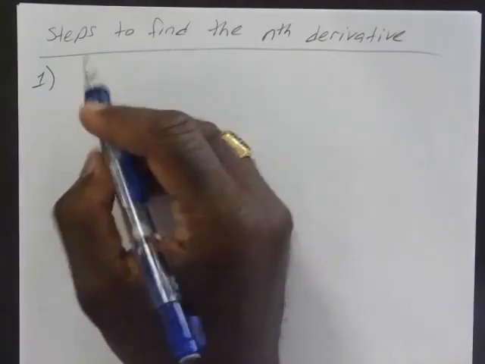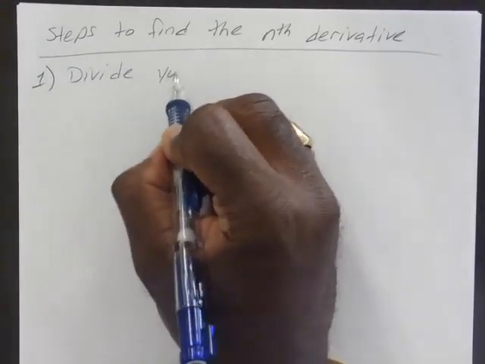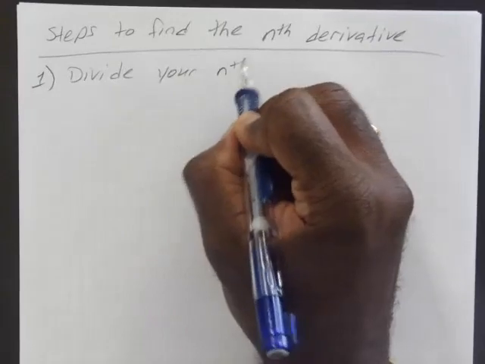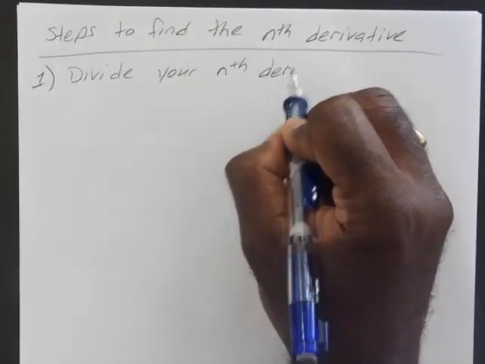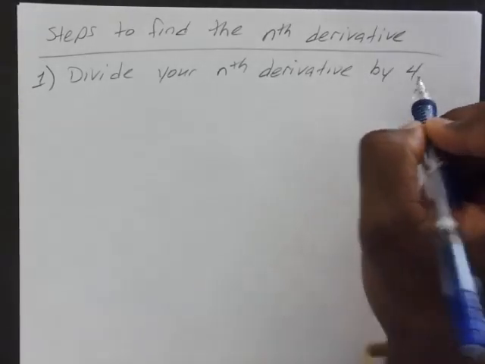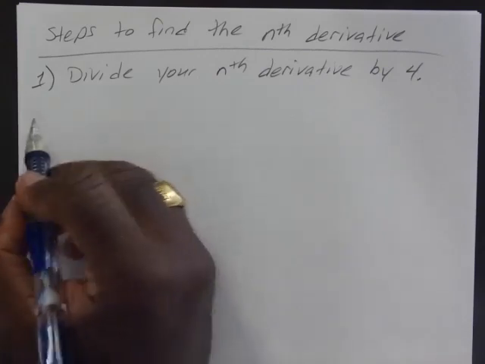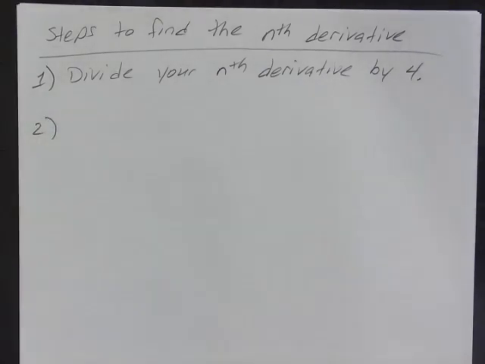So first thing you want to do is divide your nth derivative by 4. Okay.